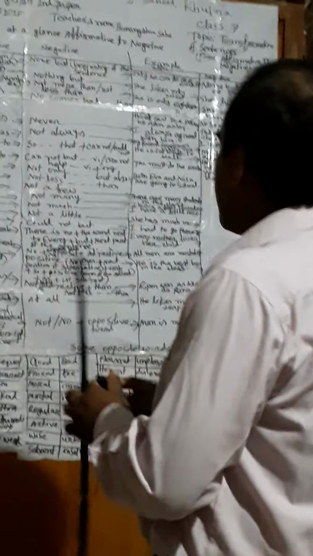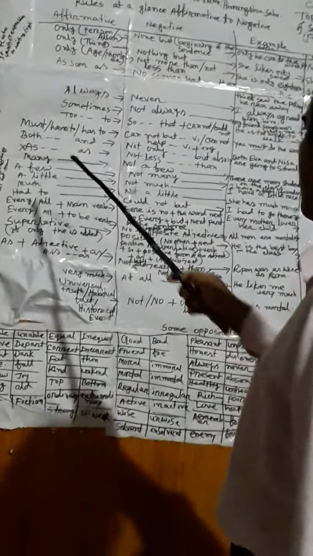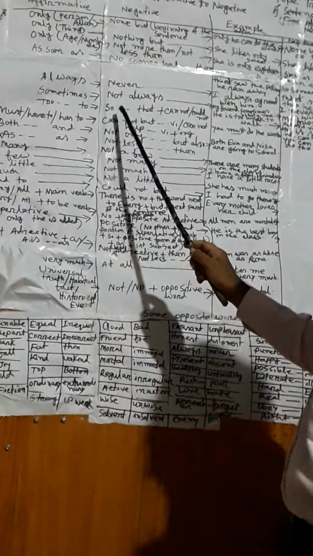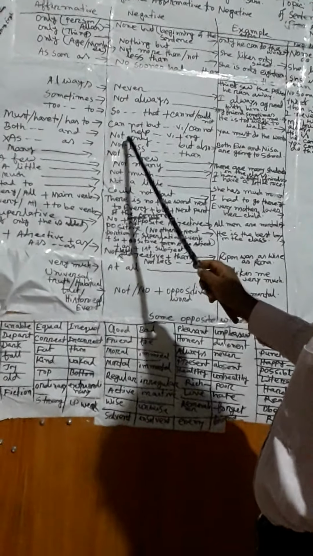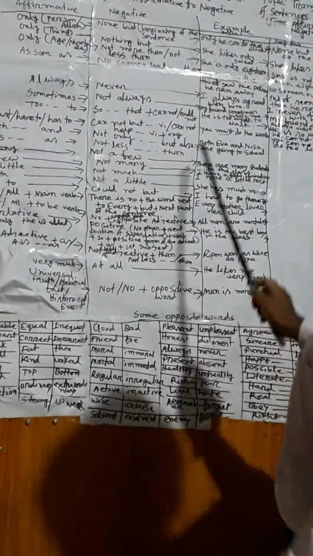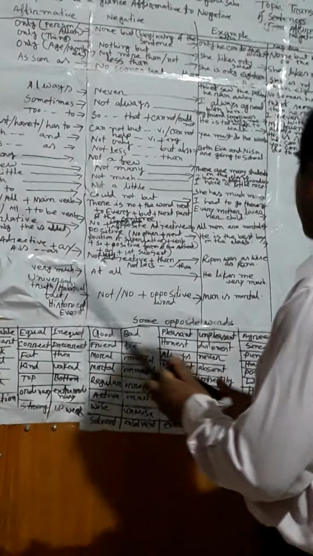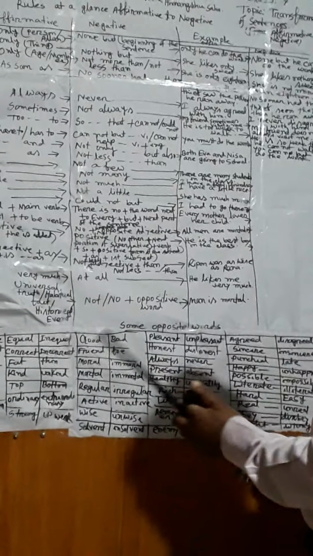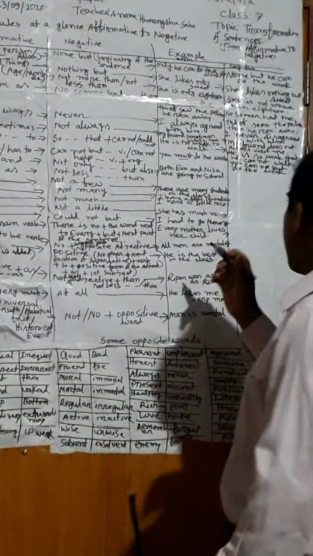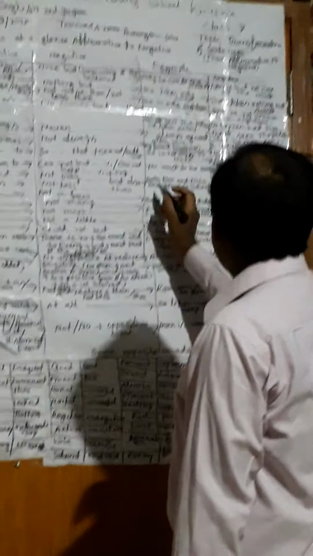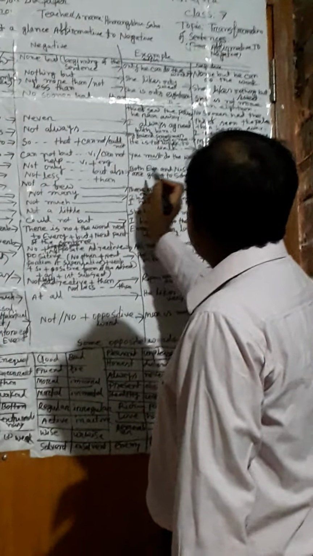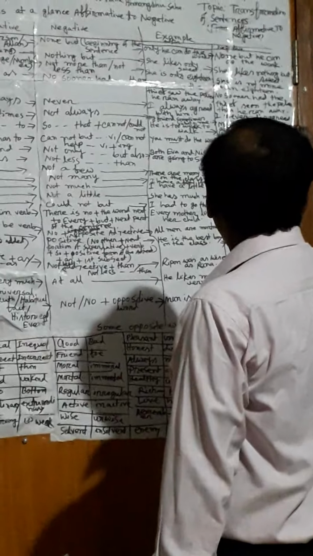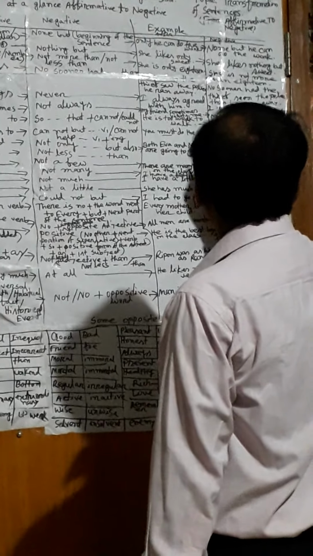Then I will move to another rule. If you find both and in an affirmative sentence, then you have to use not only but also in a negative sentence. For example, both Eva and Nisha are going to school. Here you have to omit both and you have to use not only Eva.